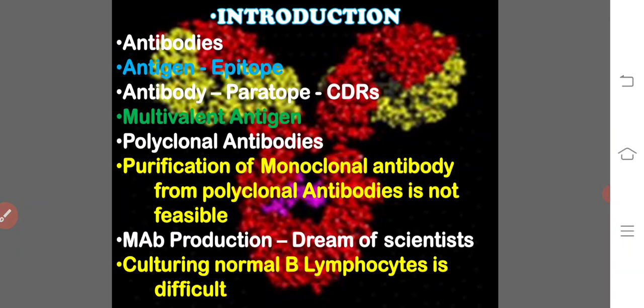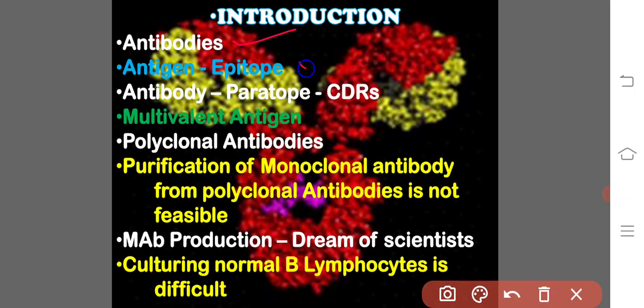Antibodies are protein molecules or immunoglobulins produced by a specialized group of cells called B lymphocytes, otherwise plasma cells, in all the vertebrates. Antibodies are a part of the defense system to protect the body against invading foreign substances, namely antigens.